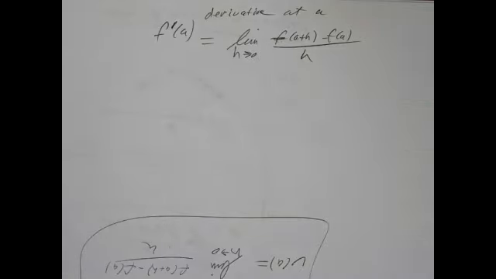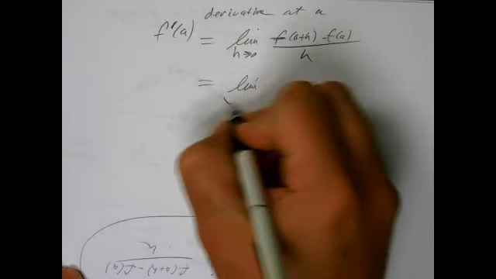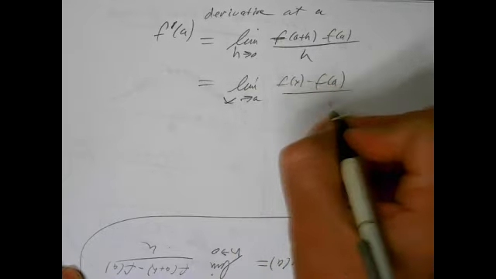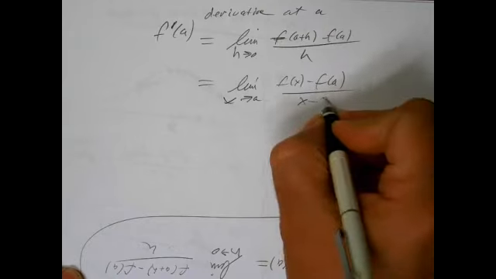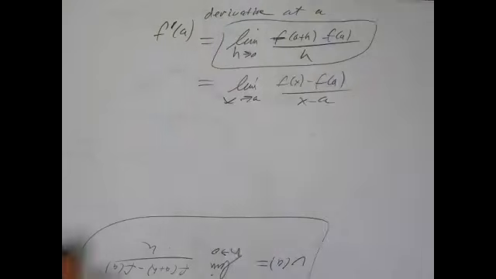Now, be aware that this can also be written, of course, as we've seen, as the limit as x approaches a of f of x minus f of a over x minus a. But I will tell you that this version of the definition gets used the most because it really is the easiest and the most straightforward to use.